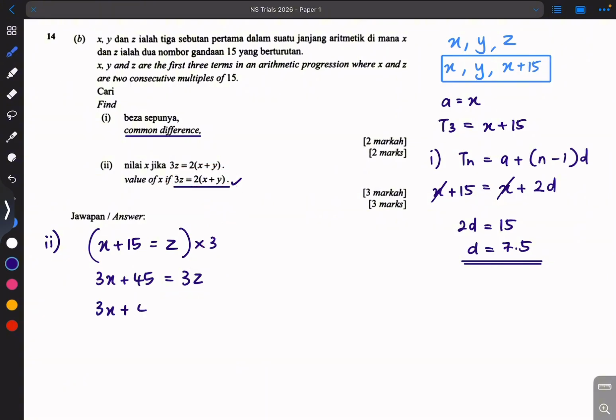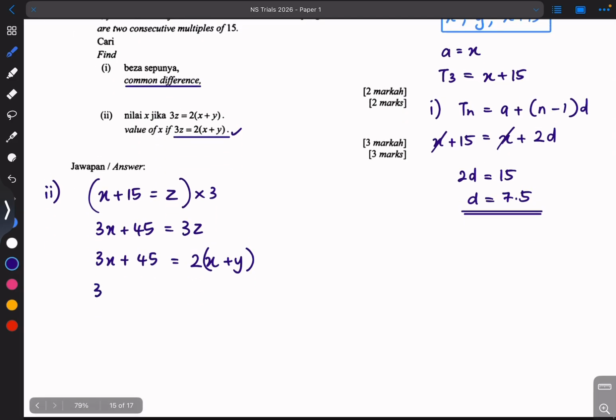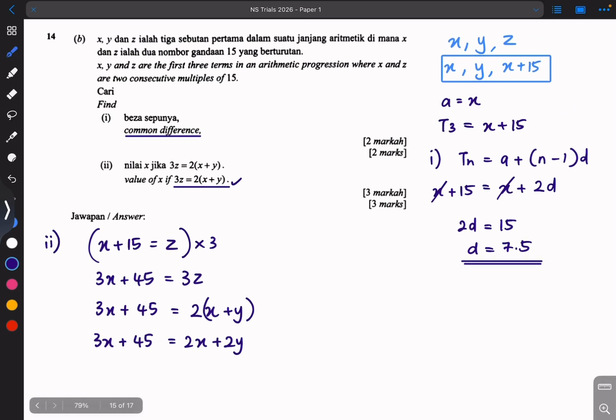So 3x plus 45 equals 2x plus y. Right. Then we try to expand. So 3x plus 45 is 2x plus 2y. And here we have two unknowns, so we have to try to figure out what is y.